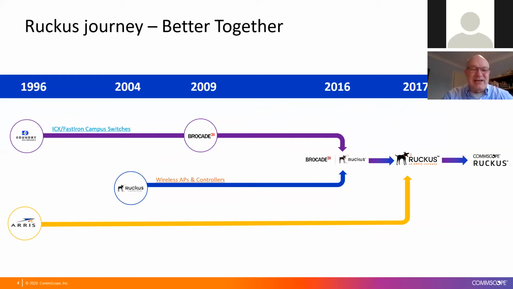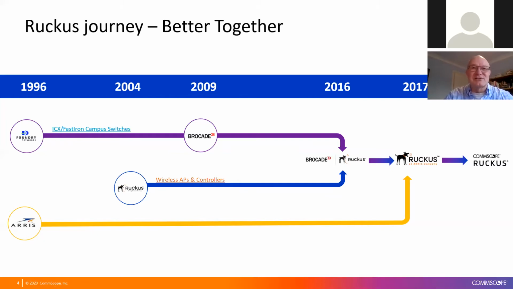Foundry Networks was a competitor to a much smaller Cisco at the time, and so customers that didn't particularly want to buy Cisco would come and look at Foundry. They had a big customer base based on internet service providers of the time, education customers, and so on for the switching. That then got acquired by Brocade, a name that a few of you may remember from the storage side. And then we got together with RUCKUS on the wireless side to bring together the complete RUCKUS Networks story of wired and wireless together, which is where we sit today.